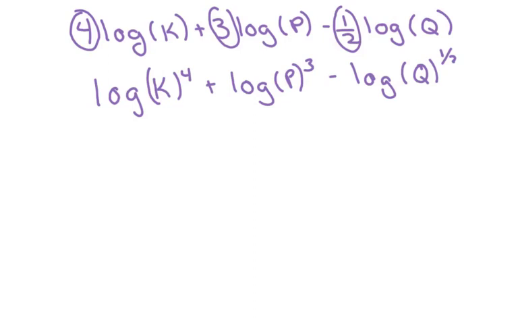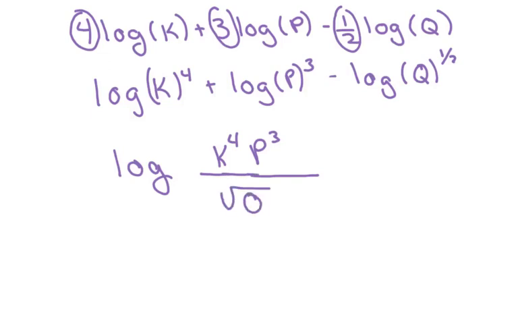So I'm going to write 1 single log. I'm going to do my line. If it's positive, it goes in the numerator. And if it's negative, like this one right here, it's going to go in the denominator. And since that's 1/2, I'm just going to do square root of q. You could leave it as 1/2 if you wanted to.